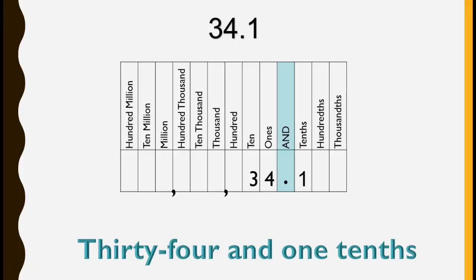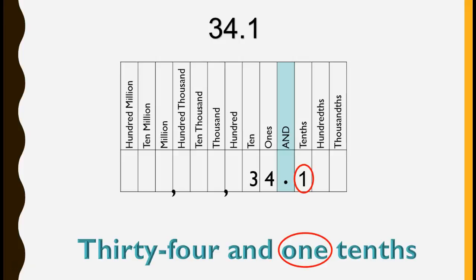Okay, so what you do is you look at the number before the decimal and you just read it like it is, 34. And then when you say the decimal, you're going to say and. 34 and. Then you're going to look at the number on the other side of the decimal and you just simply say what it is.